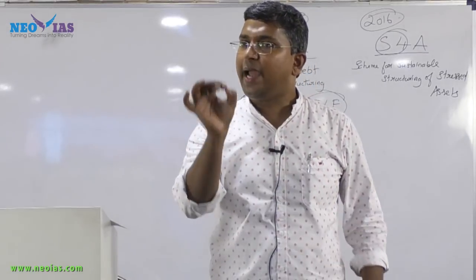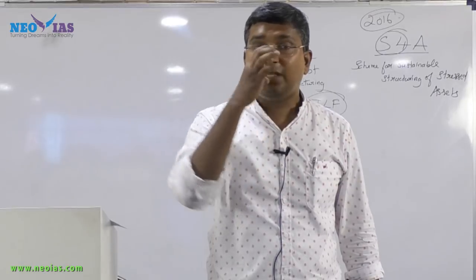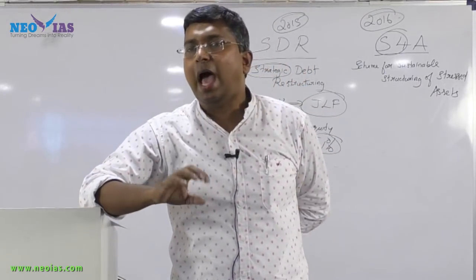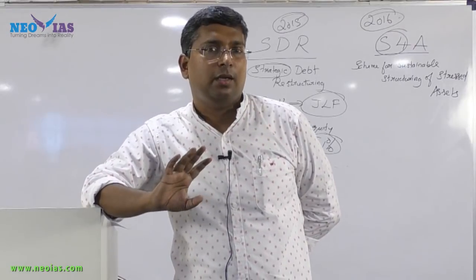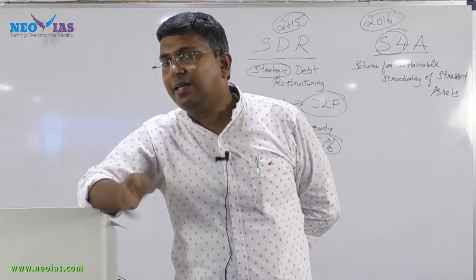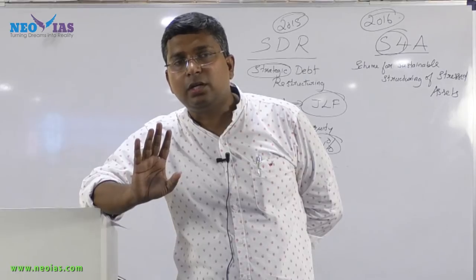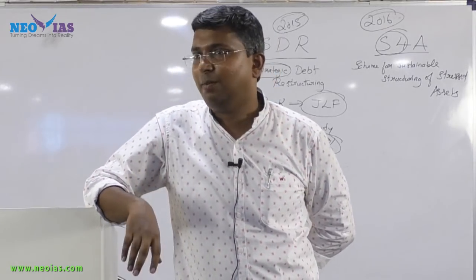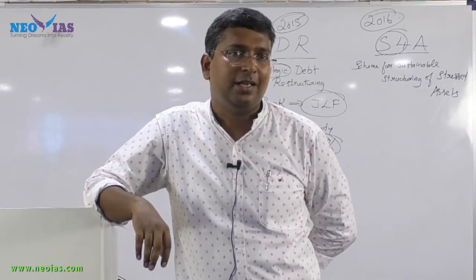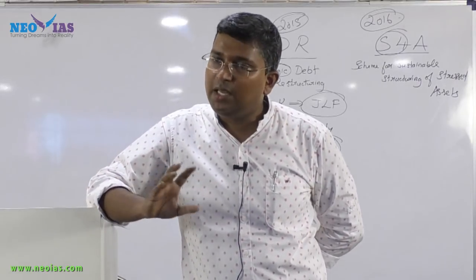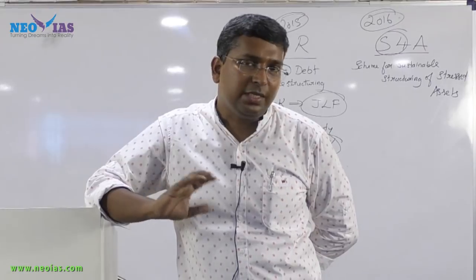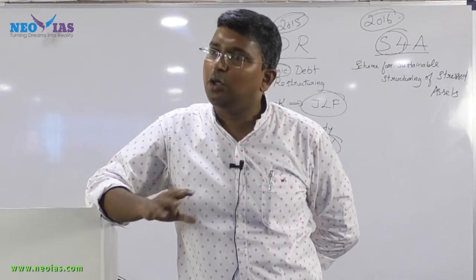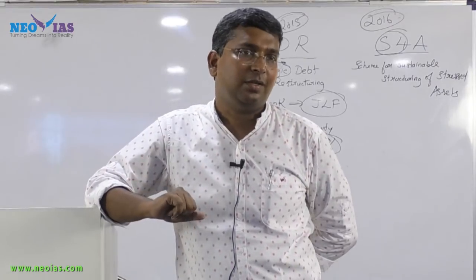RBI guidelines have clearly said that after the lenders or banks take over managerial control, as soon as possible they have to hand over this managerial control to some other person. A bank can't run a company; that is not a bank's function. The advantage of strategic debt restructuring is that the project can continue and the company will continue functioning.